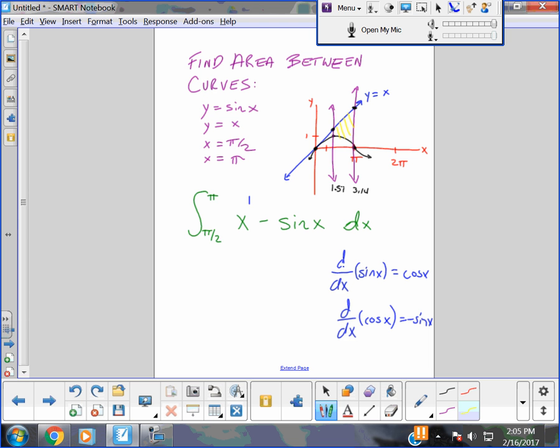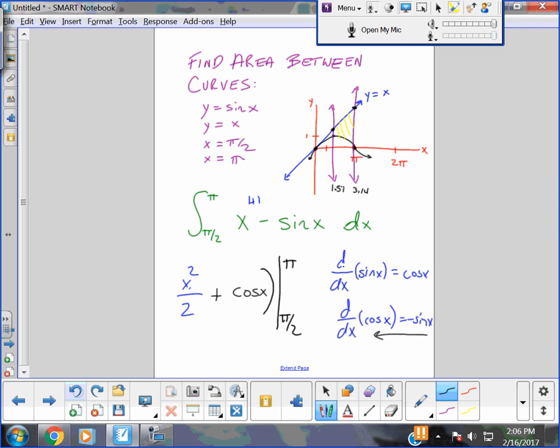On the first one, I add 1, so I get x squared over 2. All right, I like this one because if I have negative sine x, what do I get? I get positive cosine, so this becomes plus cosine x for the second one. Evaluated from pi over 2 to pi, and that's implied over both, okay?